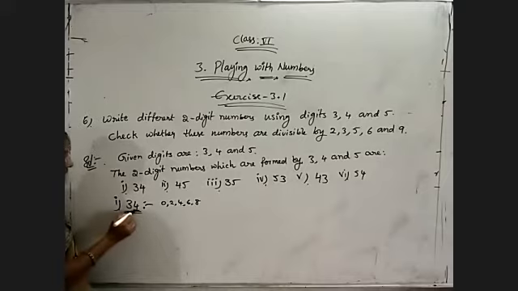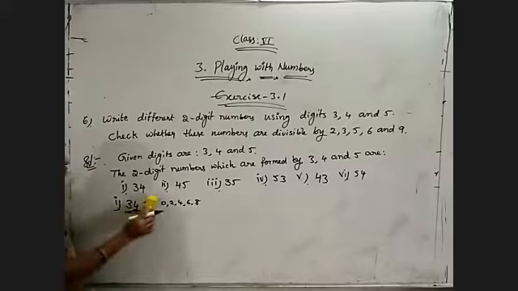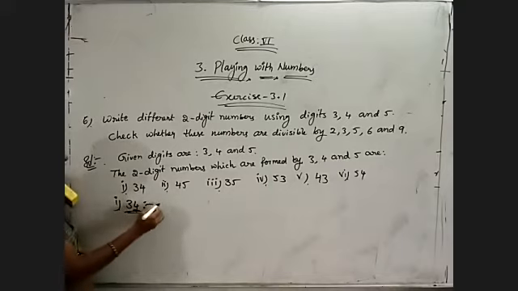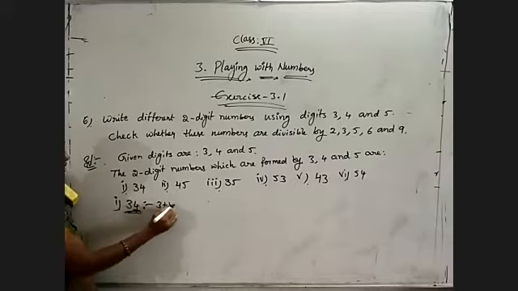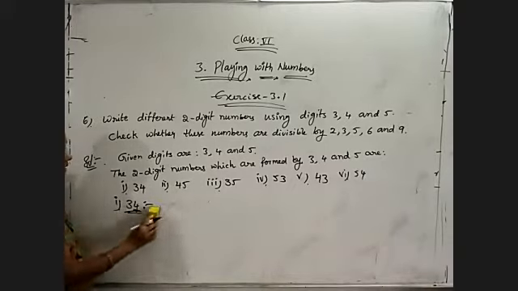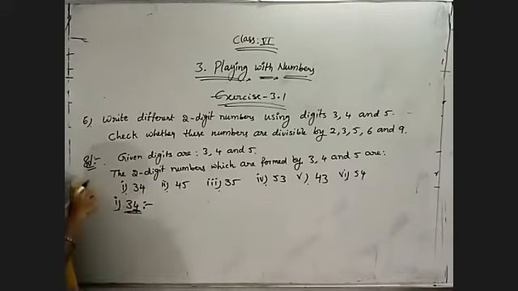Here in this number, unit place is 4, that means it is divisible by 2. After that, what is the divisibility rule of 3? If the sum of the digits is a multiple of 3, then it is divisible by 3. Now observe, 3 plus 4 is equal to 7. 7 is not a multiple of 3. So 34 is not divisible by 3.